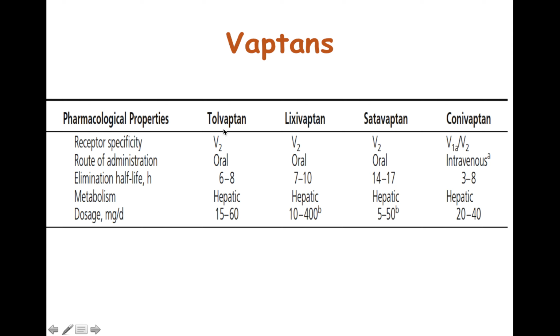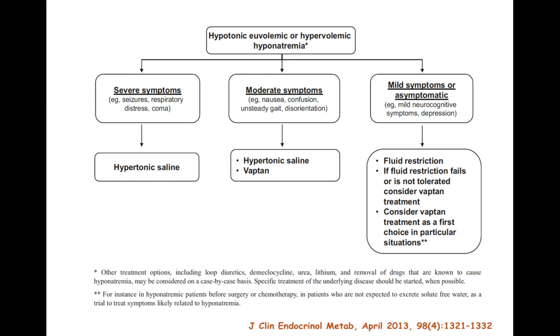In our country, tolvaptan is available. Every chemist of our country now has tolvaptan. Remember, all of them are metabolized via the liver. Now, what do they do? Basically, tolvaptan and conivaptan will improve the sodium, especially in euvolemic and hypervolemic hyponatremia.